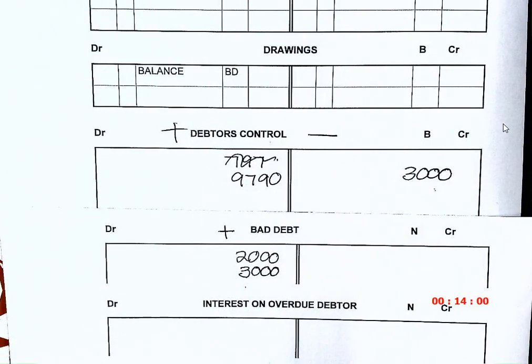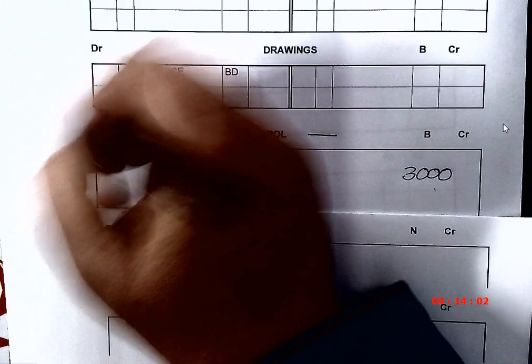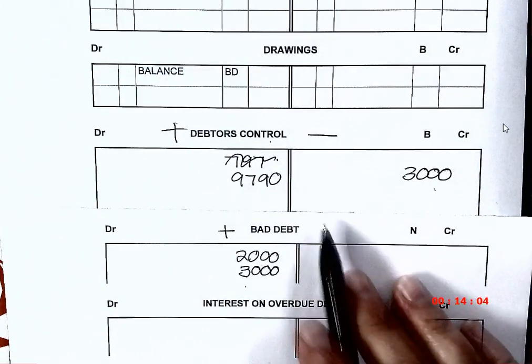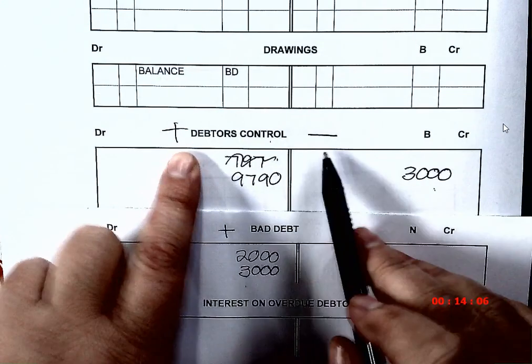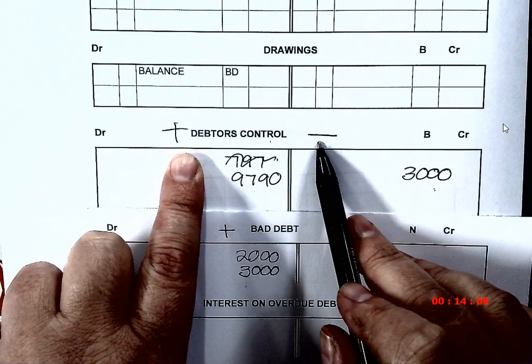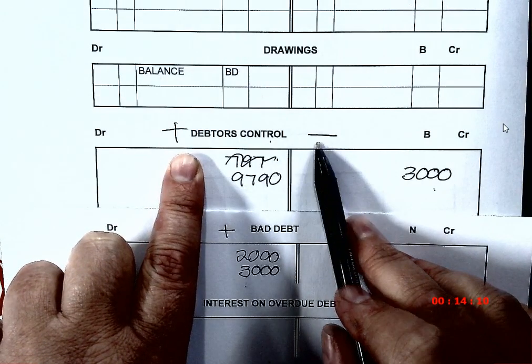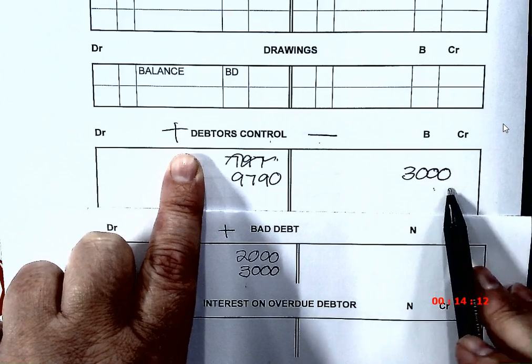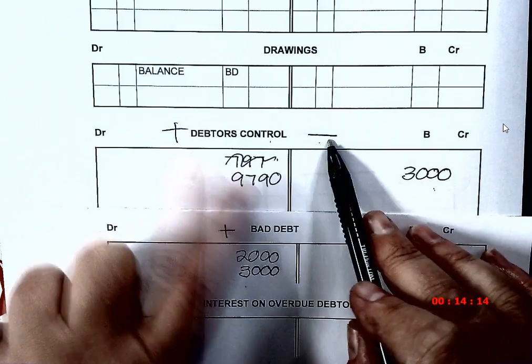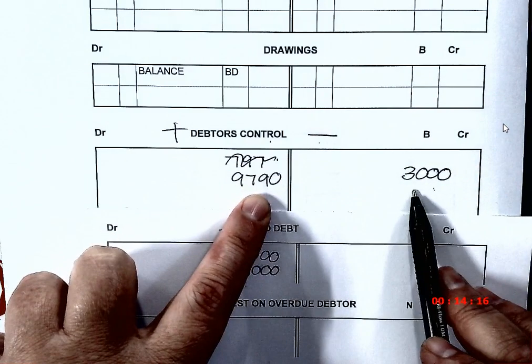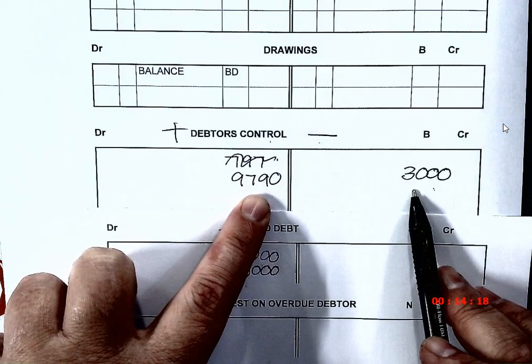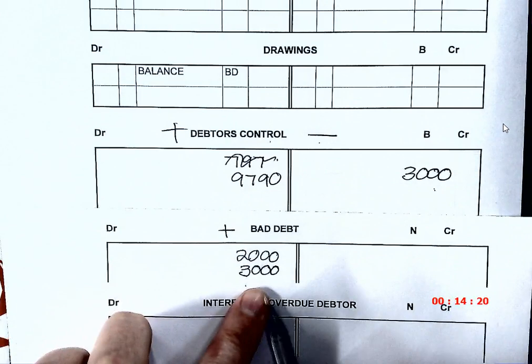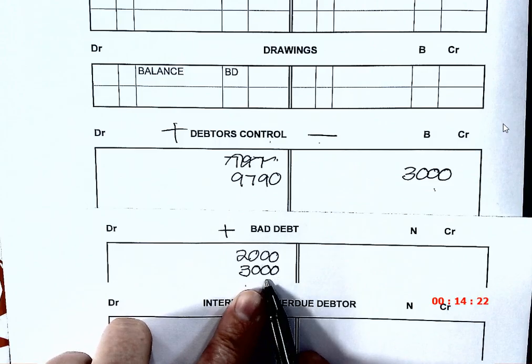You're literally going to get into a habit of drawing little T's. The T says, my debtors control, if a debtor's debt is written off, it will be credited because my total debt decreased. Does that make sense? And my expense for bad debt is increasing.